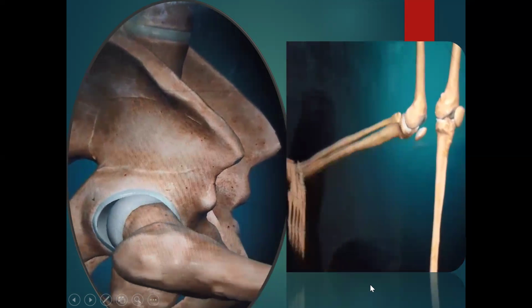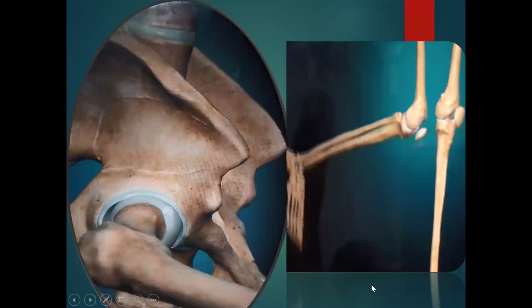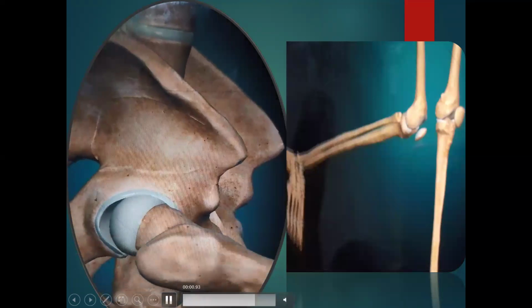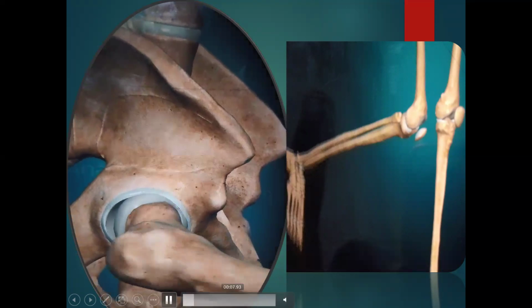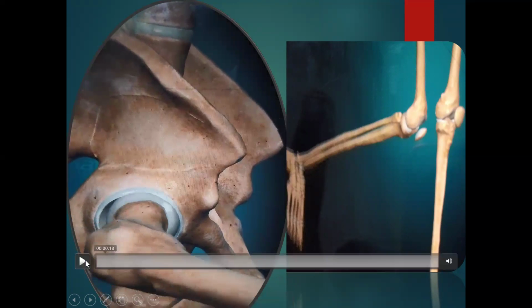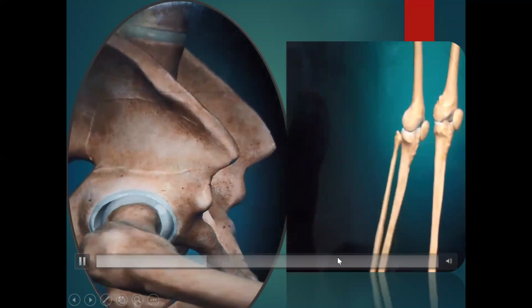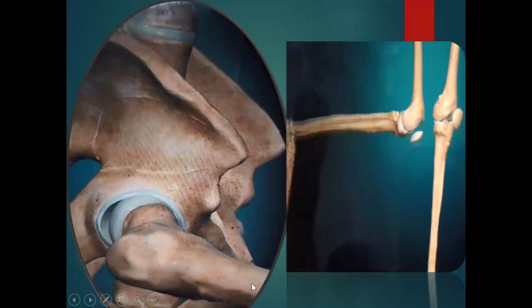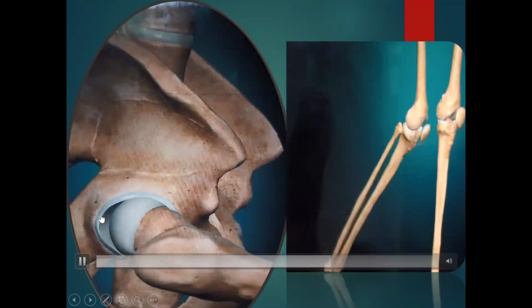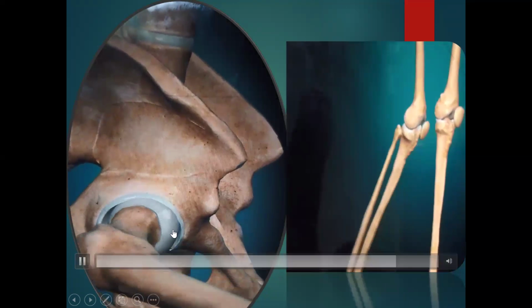So this is how a healthy joint actually performs its function, moving freely without any hindrances. And look at these structures, how healthy they are, very healthy.